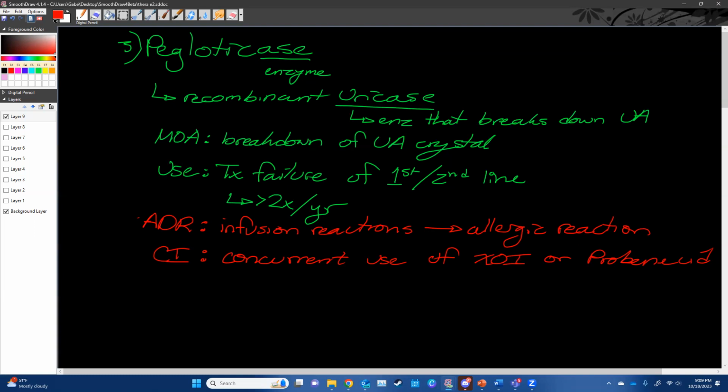The reason is because you're going to drop the levels too far too quickly. The other part too is that it makes it hard to see if pegloticase is working, because we don't know if maybe the other drugs just suddenly started working. So you have to stop the other drugs.